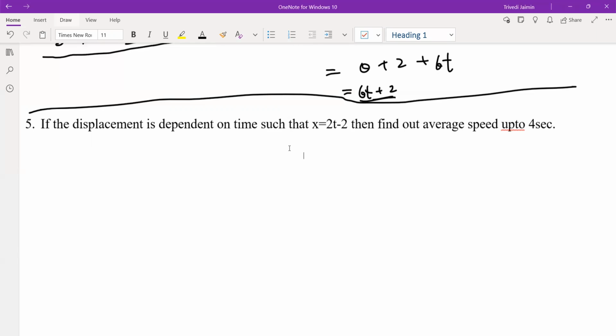Shall I give you a hint? Yes, sir. Okay. Now, start with time equals 0. If I substitute t equals 0, what value are we going to get for x? Minus 2, and if we substitute 4, we'll get 6. So the distance is... but why not 1 and 2 and 3? They asked for average speed up to 4 seconds. That means we need to find for 1, 2, and 3 also, right? But we don't need instantaneous speed. No, total distance by total time. That is our formula.